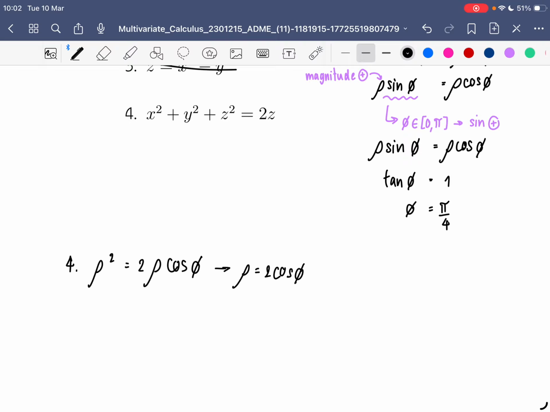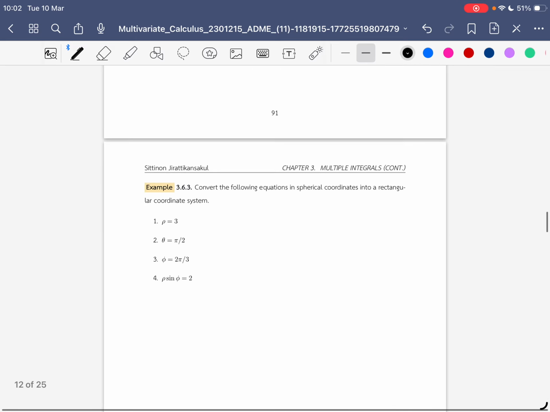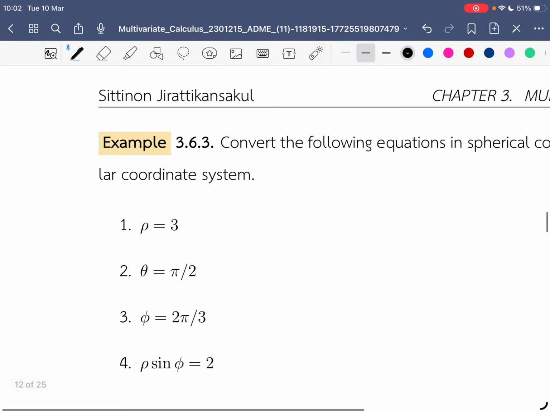Okay, next I will convert this into a rectangular coordinate system. So the first one, rho is 3. It means that the square root of x squared plus y squared plus z squared is 3. So just take the square. This is just a sphere of radius 3.